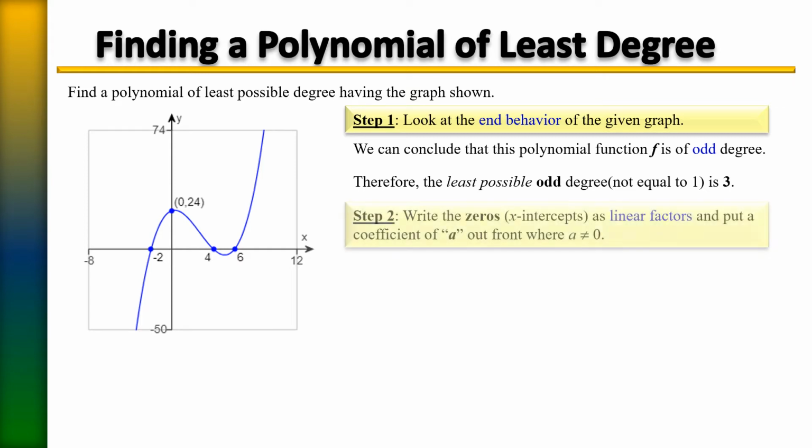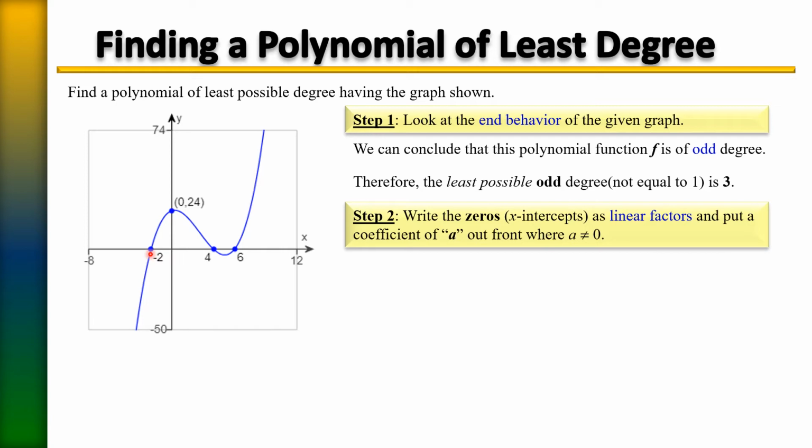So the next thing we want to do is look at the x-intercepts, or what we call the zeros of this function, and all you have to do is look at the graph to see where the graph touches or passes through the x-axis, so either cross or touch in some way.